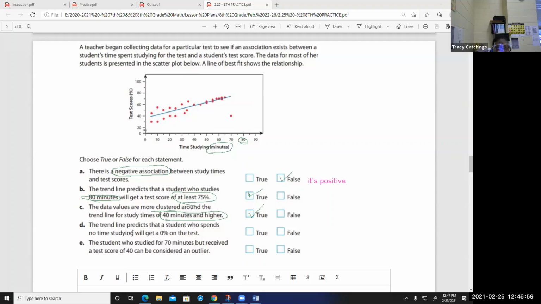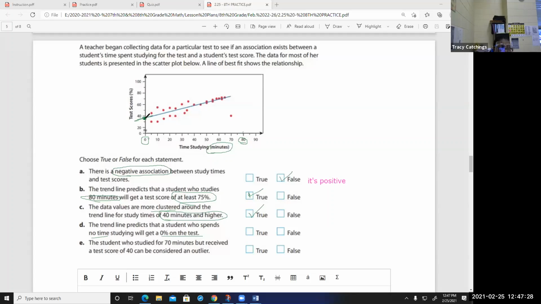All right, D says the trend line predicts that a student who spends no time studying will get a 0%. So if I spent no time studying, that'll be 0 time. And if that line continues, will it cross the y-axis at 0 like they said?